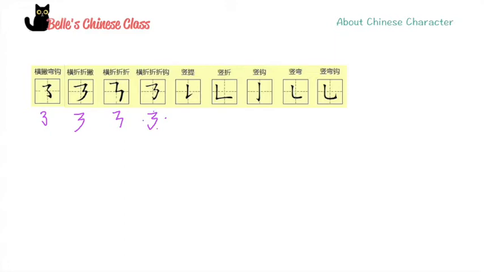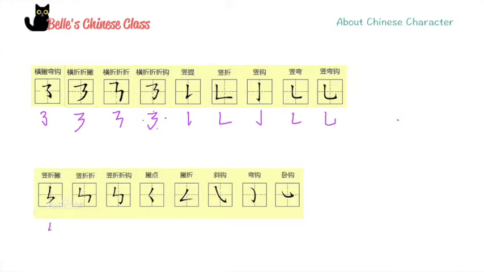Let's look at the next group. 竖提. It's composed by a vertical line at the left. The variation of it is 竖折 and 竖钩, 竖弯 and 竖弯钩. This group is 竖折撇. And the transformation is 竖折折.